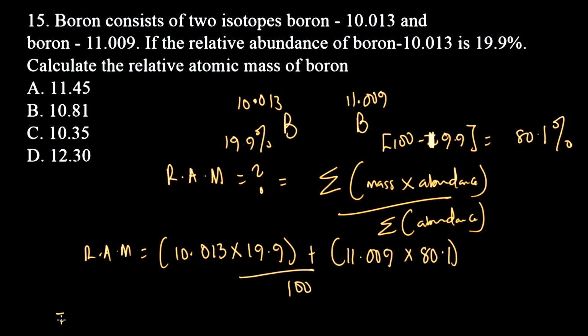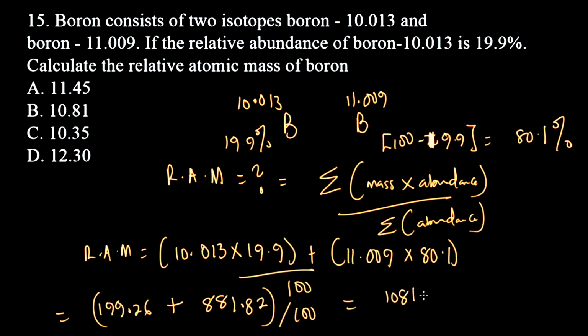So this should give us 199.26 plus 881.82, everything over 100. So therefore we have 1081.08 over 100, and this gives 10.8108. So option B is the answer.